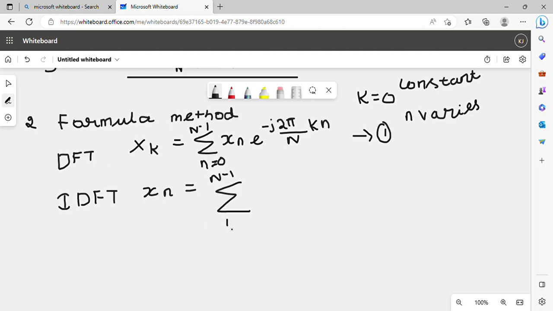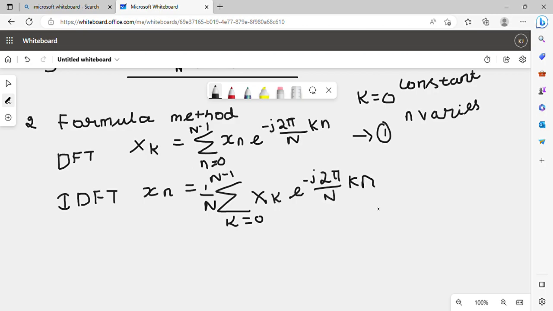That is the summation from k equals 0 to N minus 1, and 1 by N has to be written outside, right? 1 by N into x of k into e to the power of j 2 pi by N into kn, right? So here there is one standard formula, students.